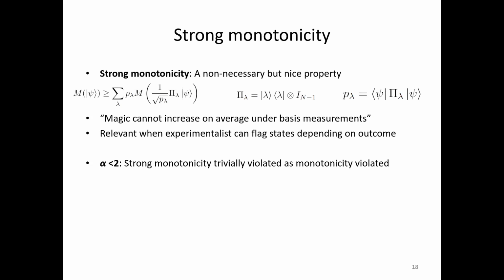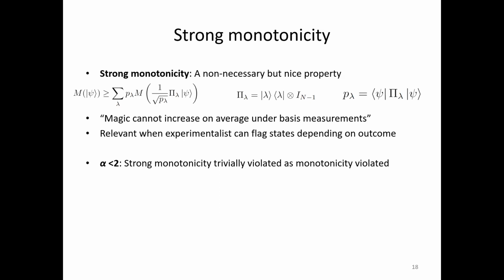And this is of course relevant only when you experimentally actually flag the state outcome. So you don't average over the outcomes, but you track each outcome individually. So you do some kind of post-selection on the outcomes, or you track them individually and don't take the mixed ensemble over them.